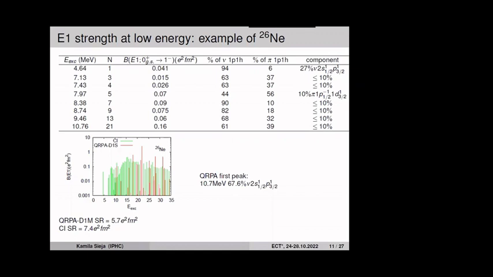No, interaction maybe not, but if you make full configuration mixing in the sd shell, it's already more than one particle, one hole, or whatever. You have all the correlations already inside, and on top of that, you add one particle. You would have to go to the spherical basis to compare with me, probably.